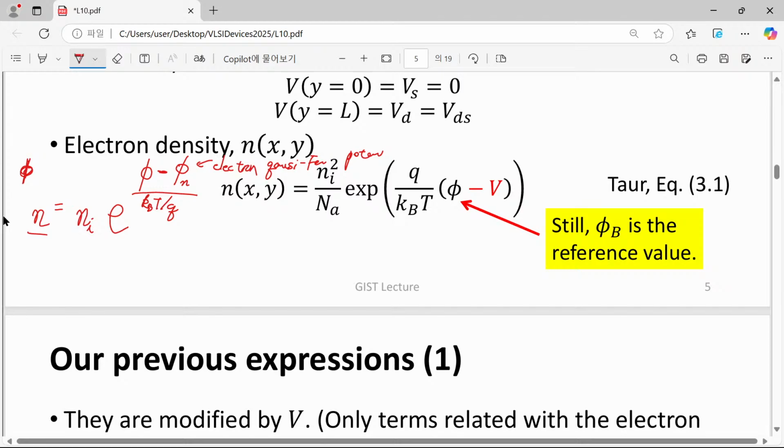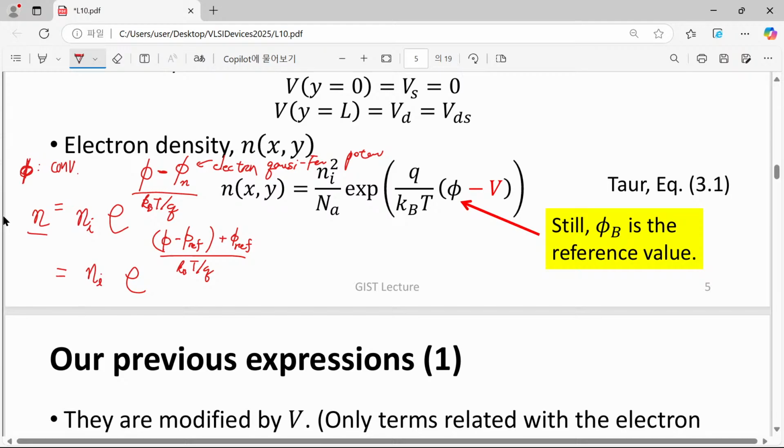So, are you with me? And that was our conventional notation. After that, instead of our conventional notation for this electrostatic potential, we introduced something like this: phi minus a certain reference value.